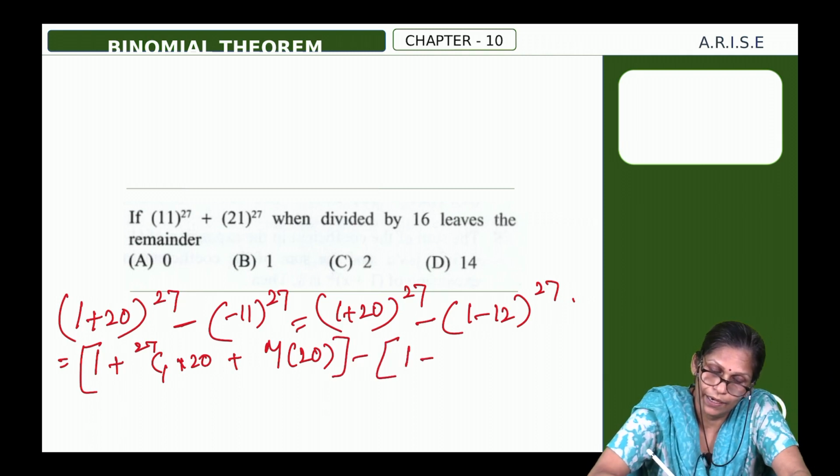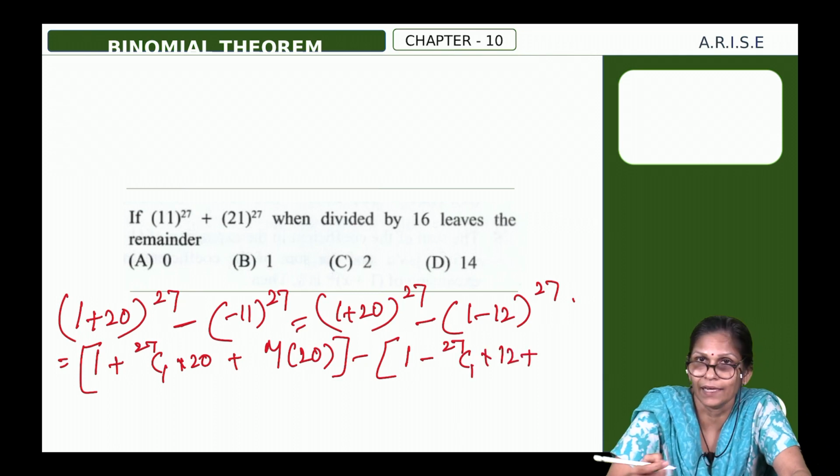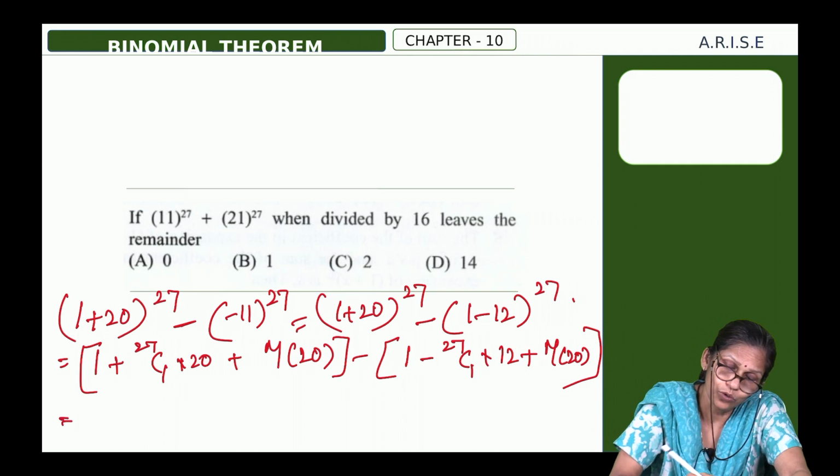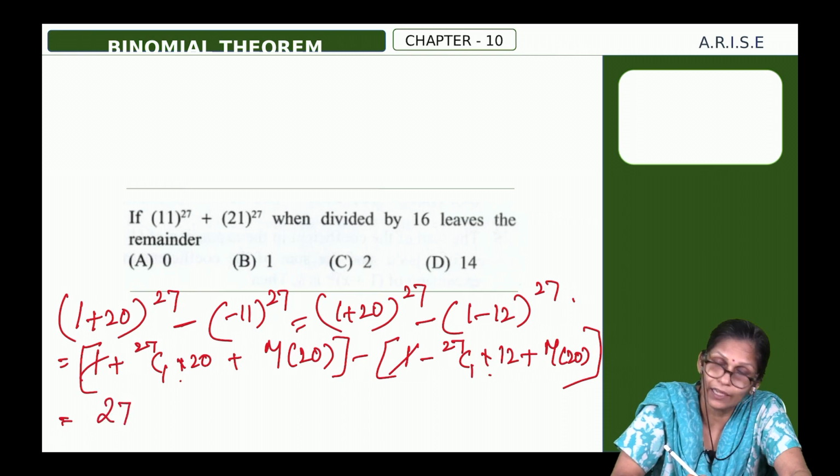Minus, what about this? 1 minus 27c1 into 12 plus again all the subsequent terms are multiples of 16. So, 1 and minus 1 would cancel. What about these two terms? They can be grouped. 27 can be taken out.